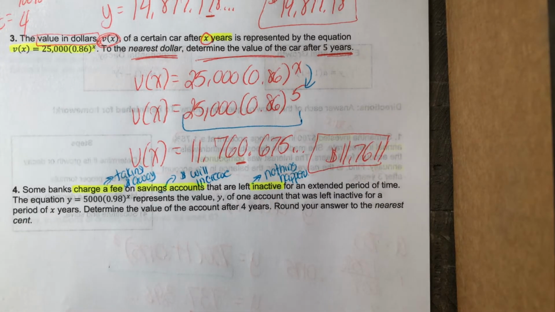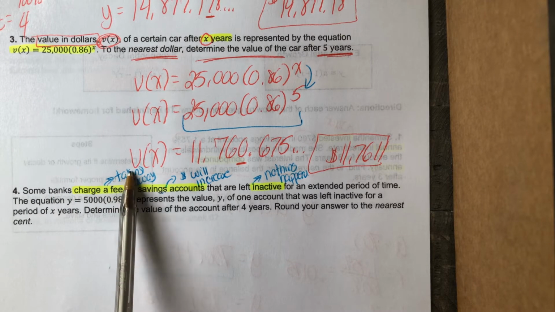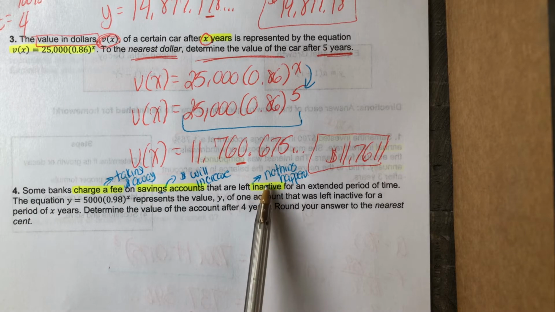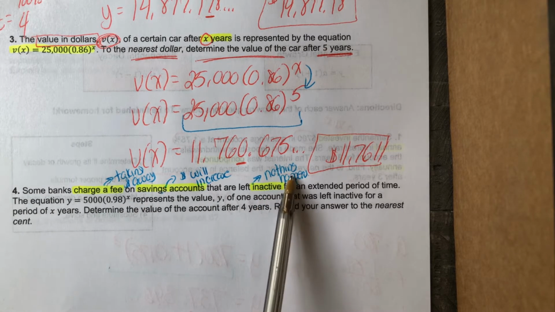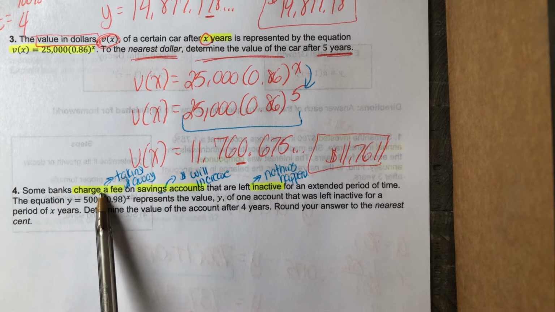Okay, so as I reread the first sentence again, it's saying that some banks are going to charge you a fee, which means they're going to take money away from you if your account is inactive. If you're not doing anything with your savings account, then you're going to get charged a fee.